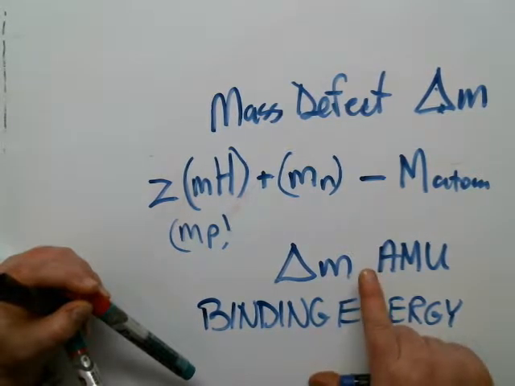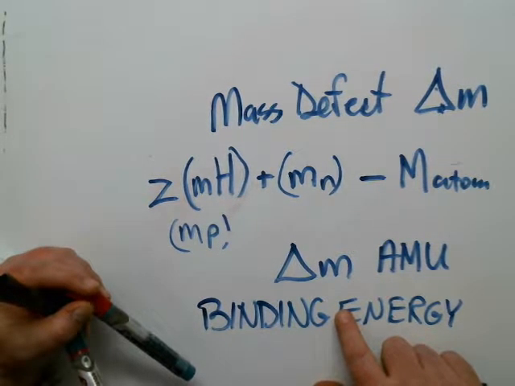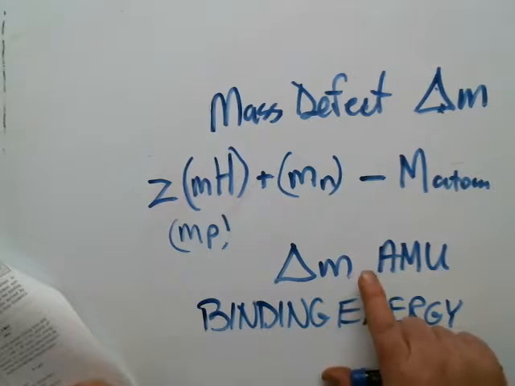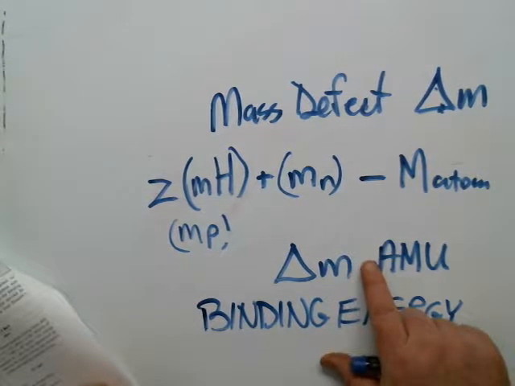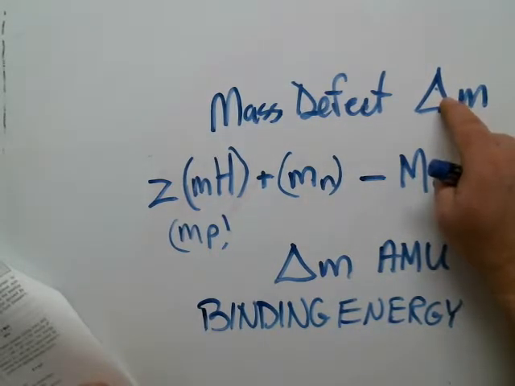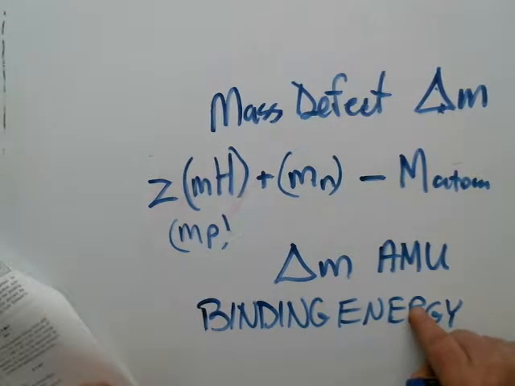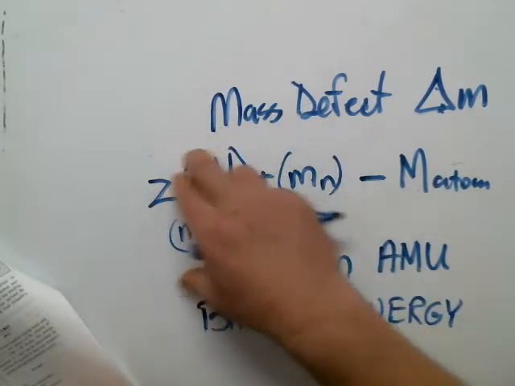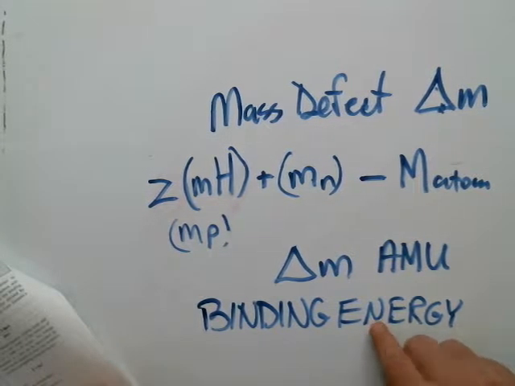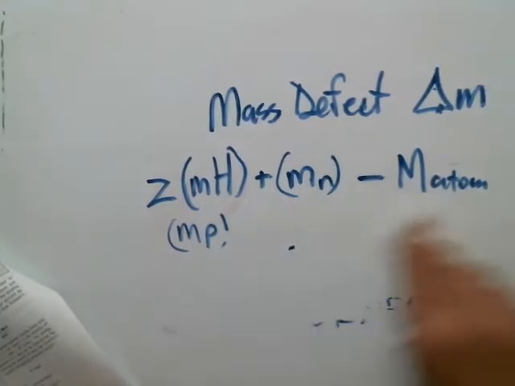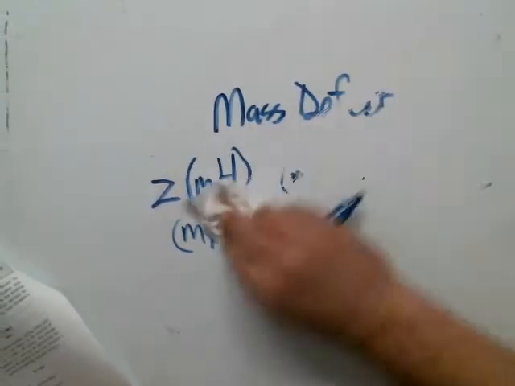Mass defect and binding energy are equivalent. That's weird. So some mass has been converted to energy, and they're equivalent. I said that several times, like a broken record. And there is a conversion that you can use.